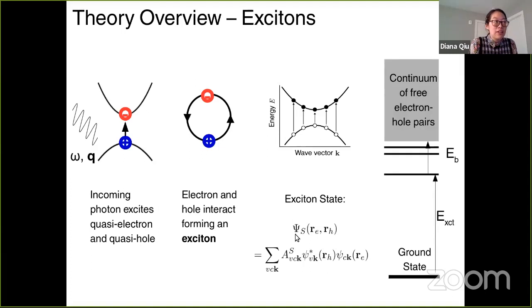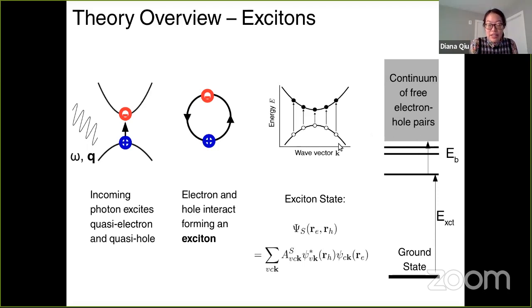You can think of this exciton as a particle that's excited from the ground state. Depending on the strength of the electron-hole interaction, you can get any number of bound states, which are represented by these black lines here. And then there's also a continuum of free electron-hole pairs.